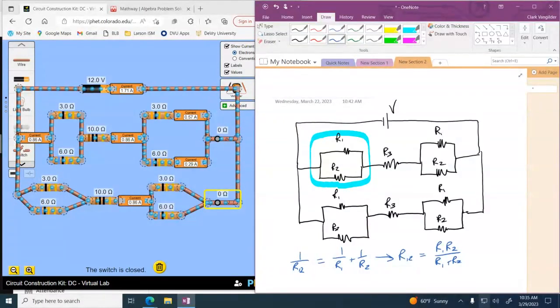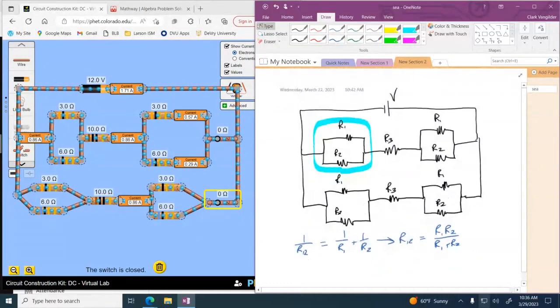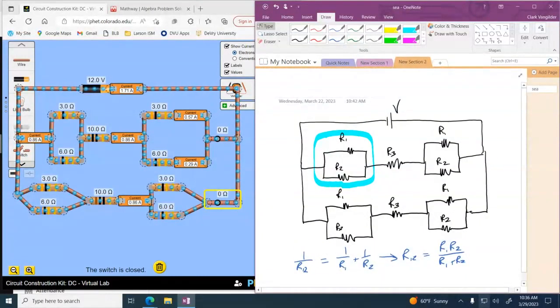And if it's 3 in parallel, it's still going to be products over sums, but it'll be a more complicated fraction solution, rational equation, if you will. All right. And so we could compute that if we knew the values, and I'm going to save that for a different time.